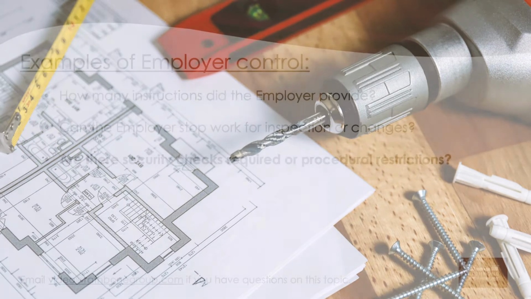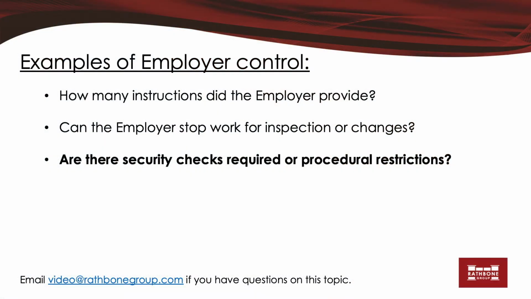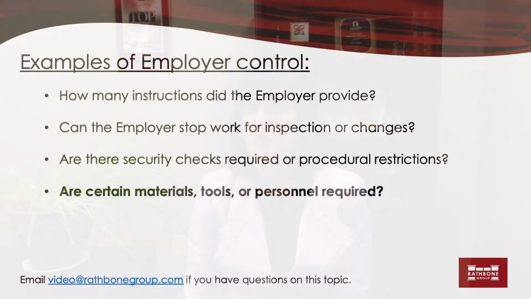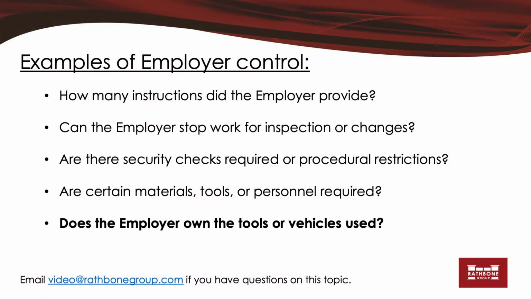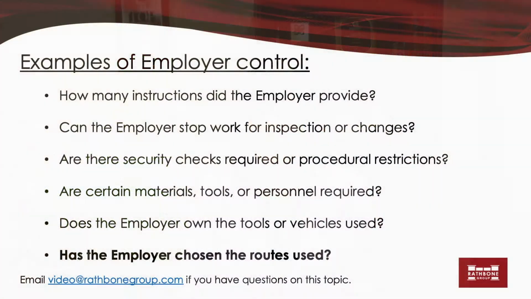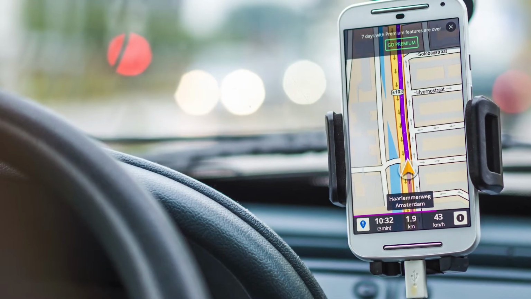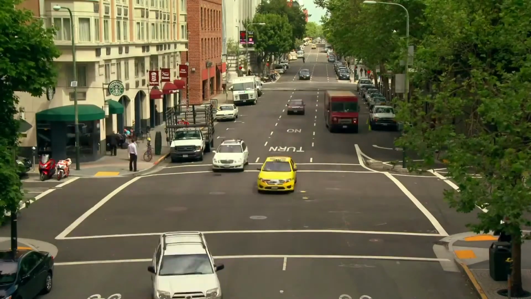There could be requirements regarding security checks or certain procedures that need to be followed. There could be particular materials or tools or personnel that are required to be used on the job by the employer. It could be that the employer owns the tools or maybe the vehicles that are used on the job itself. And it could be that the employer chooses the routes, if it's done through a vehicle, that the independent contractor has to drive in order to complete the job.